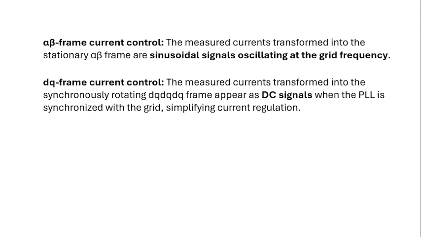So the stationary frame control, alpha beta control, measures the current transformed into a stationary alpha beta frame. So here alpha beta are sinusoidal quantities, whereas dq are not sinusoidal quantities. So alpha beta is like this, where this is the Vs, and Vs is operating at a frequency omega.